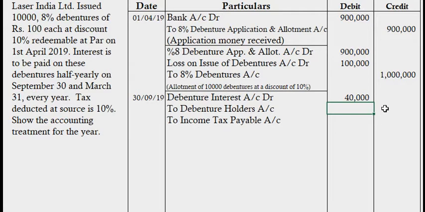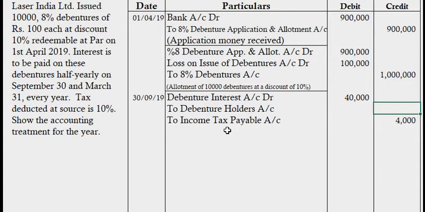Then we cannot pay the entire amount to the debenture holders, because before paying this 40,000, the company will deduct the income tax payable on it. Here the TDS, tax deducted at source, is 10%. 10% of 40,000 is 4,000.